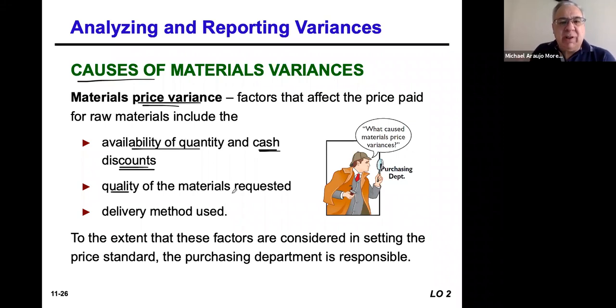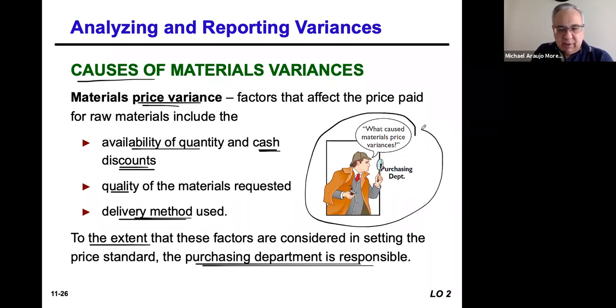Did we use more materials because they were inferior quality, and so we had to make up by using more of those or not? Or perhaps it was something to do with how they were delivered and the cost regarding that. So again, all of these things are analyzed, and of course, it's the purchasing department that's going to have to be their own little Sherlock Holmes here to find out what caused those variances.